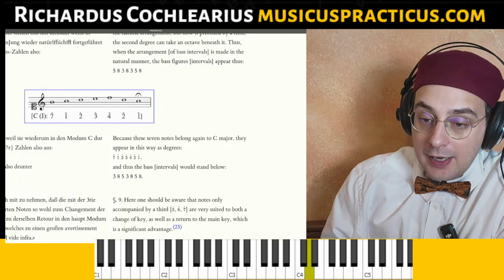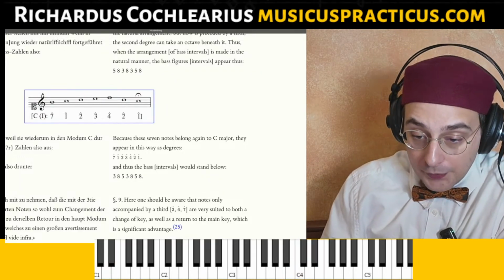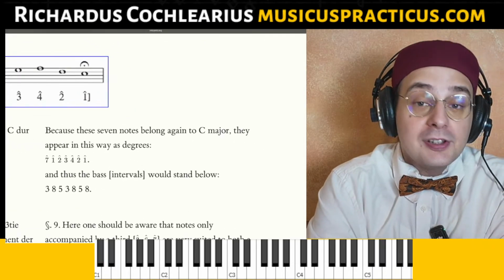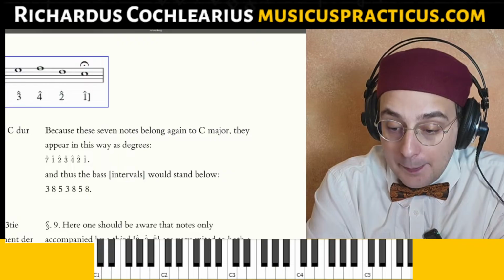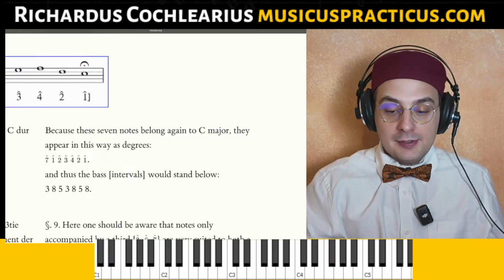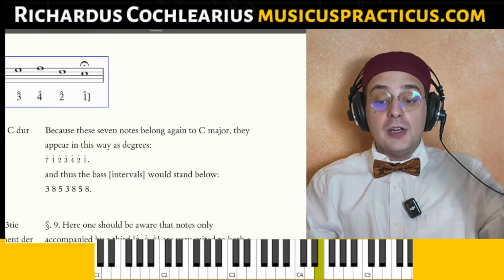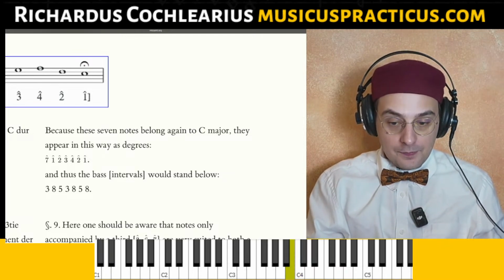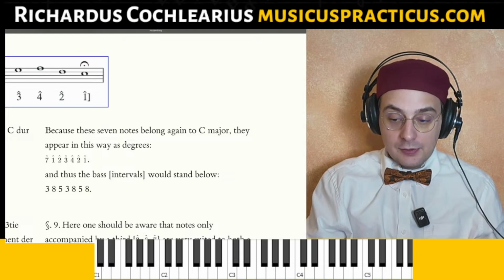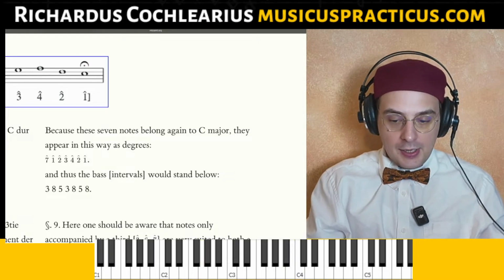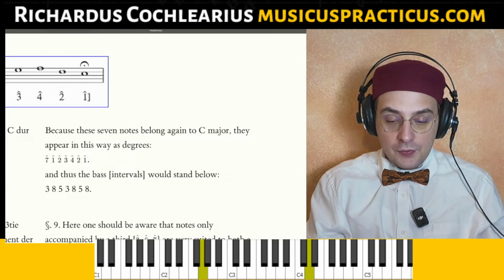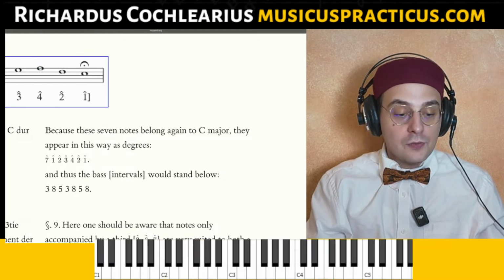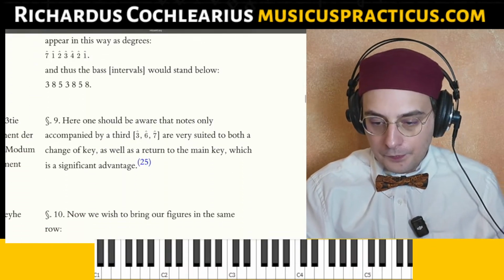Re, mi, fa, re, do. Because these 7 notes belong again to C major, they appear in this way as degree 7, 1, 2, 3, 4, 2, 1, degree 7, and thus the bass intervals would stand below: 3, 8, 5, 3, 8, 5, 8, that way.